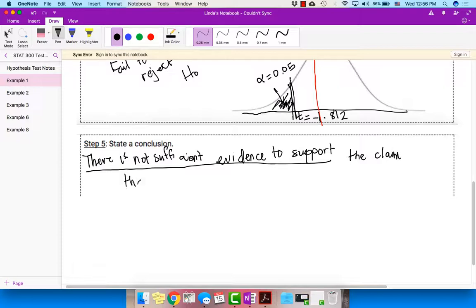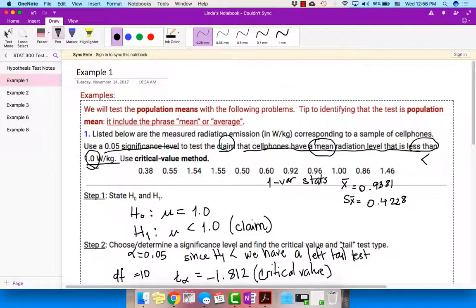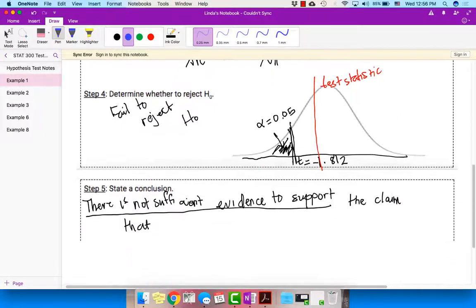Remember, when we go back up here, I underlined the phrase. Let me use a different color to show you what claim I want to rewrite. The claim that cell phones have a mean radiation that is less than 1.0. That's the one that I have to rewrite.